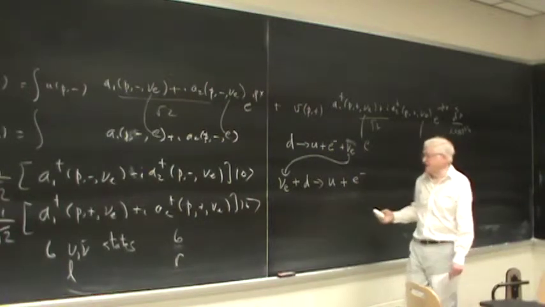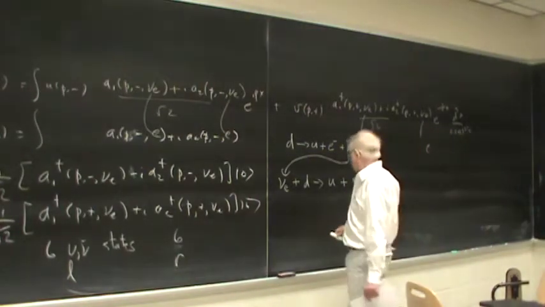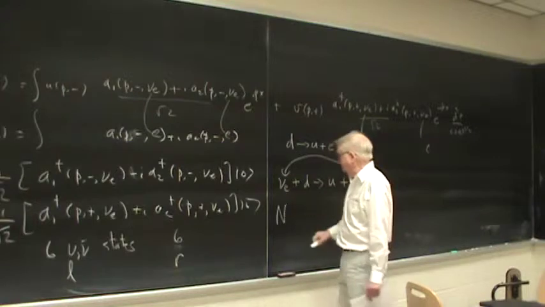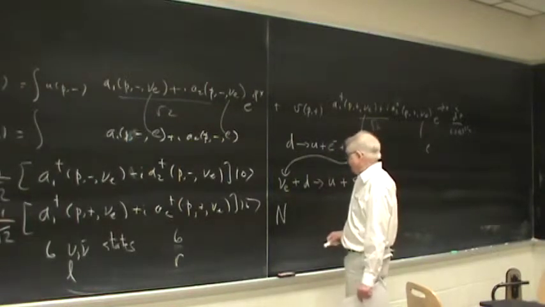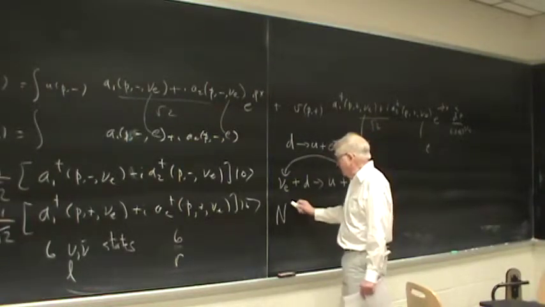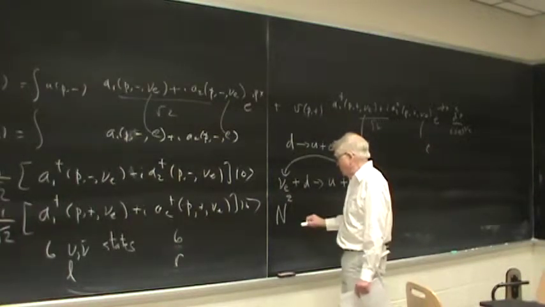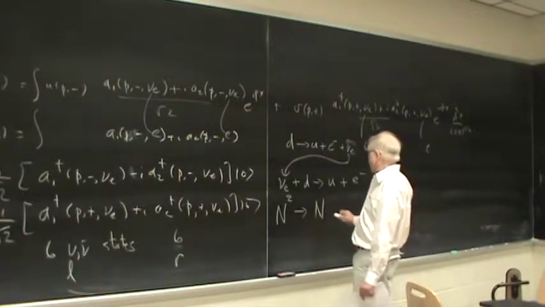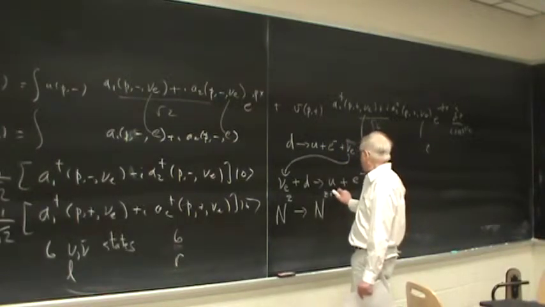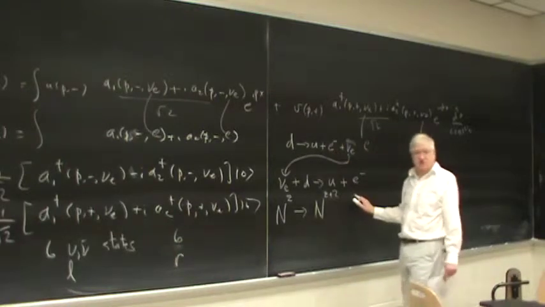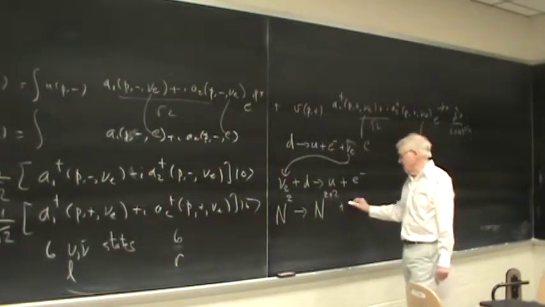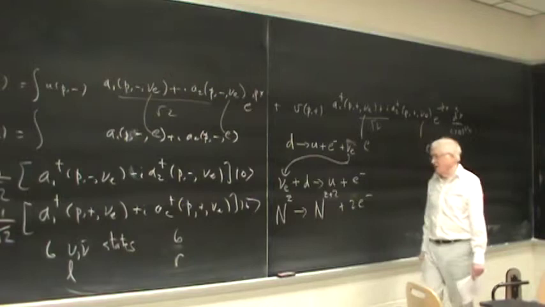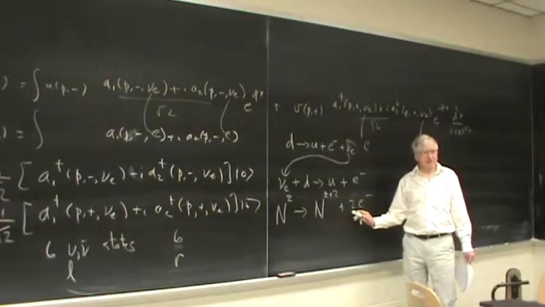In the final state, you would have some nucleus N, let us say of charge Z, go into a nucleus of charge, I guess it's Z plus 2, because we're generating 2 electrons, plus 2 electrons. And so you'd see something like this happen.